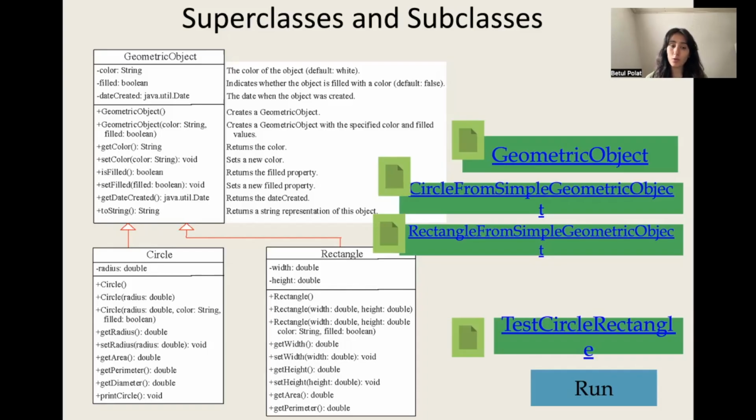Here we have constructors. The first constructor, the rectangle constructor, has two parameters, and the third constructor has four attributes: width, height, color, and filled, which has a Boolean type. These two subclasses inherit a superclass and form a method.